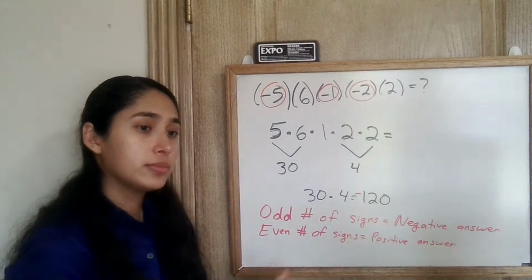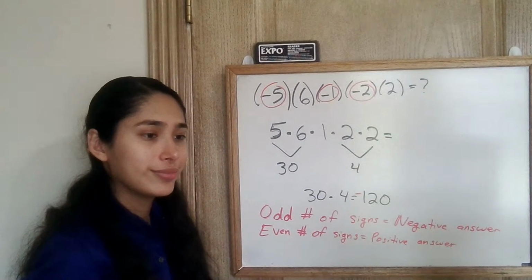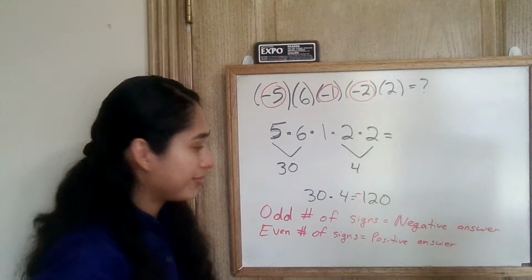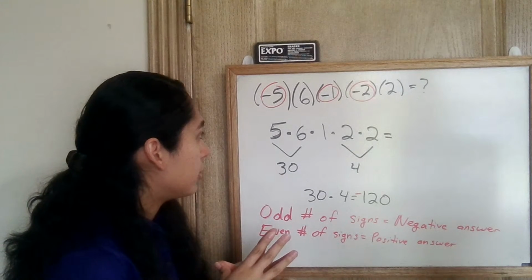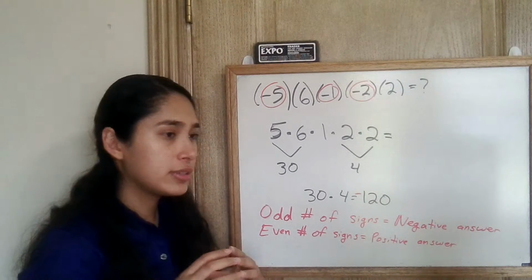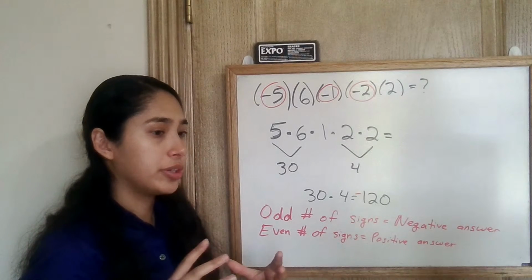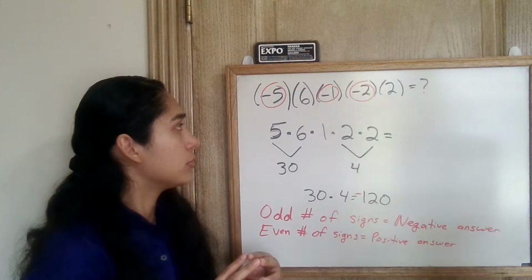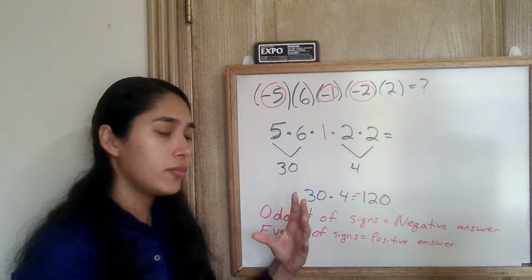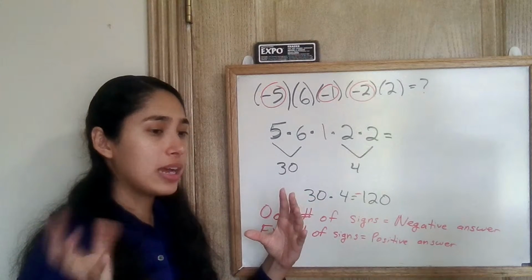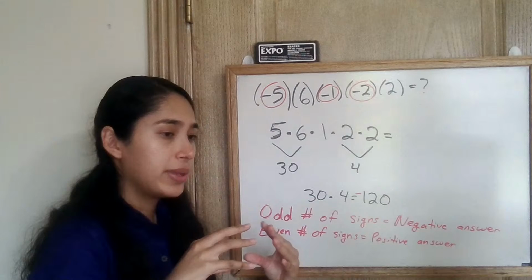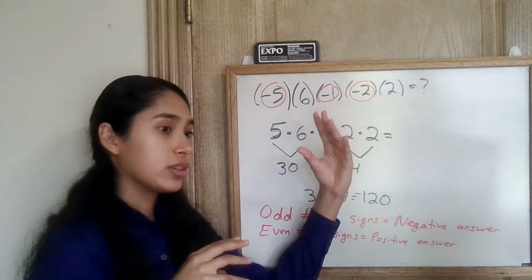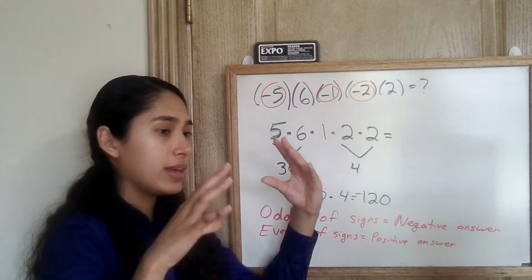Let me explain. Think of it like a superhero. If there's a super villain, that's going to be balanced out by a superhero. They're going to fight. But let's say there's some other person who doesn't have a match.